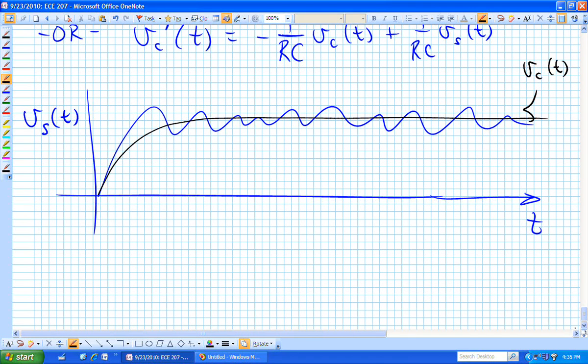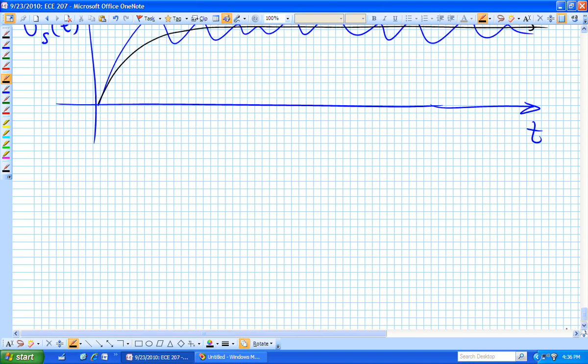Here's a noisy waveform V sub s of t, which maybe isn't coming from a battery, but from a transducer. You've now filtered it, and that smoother curve is what you might want driving something else in your system. That's a low-pass filtered version. Very ideal in terms of the sketch, but hopefully it presents the concept.